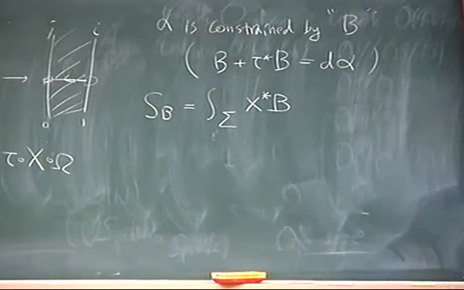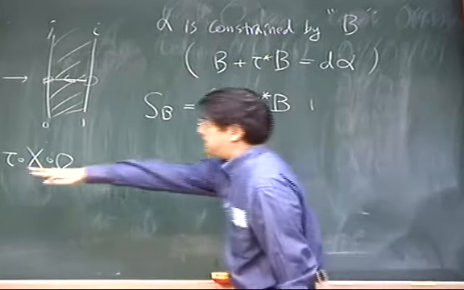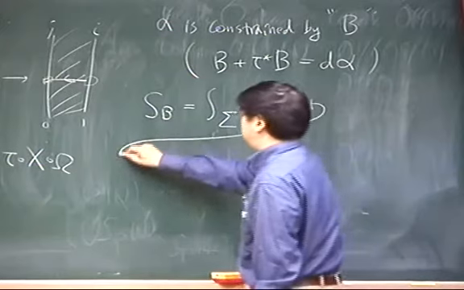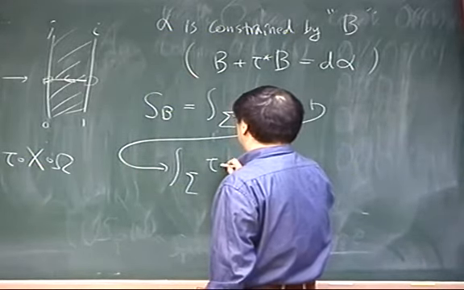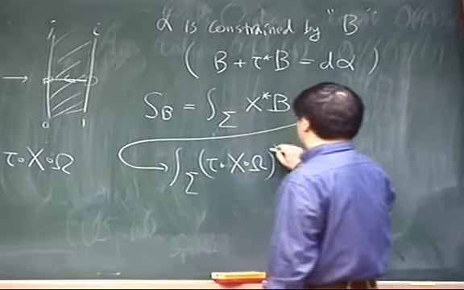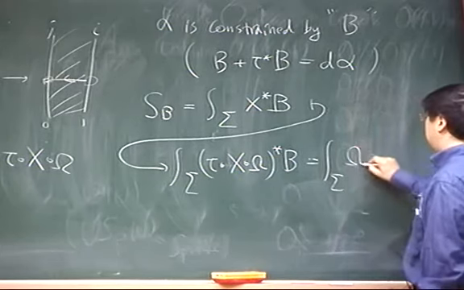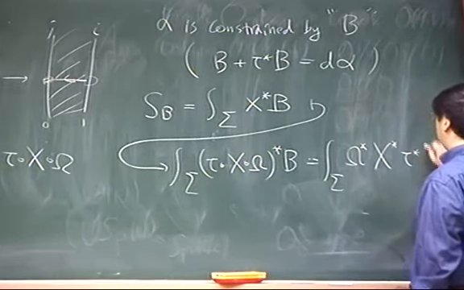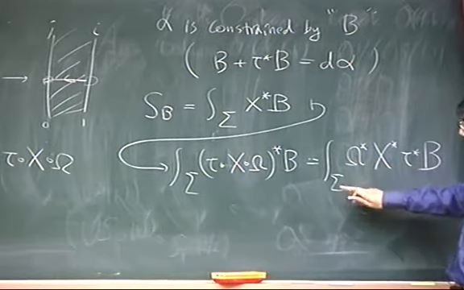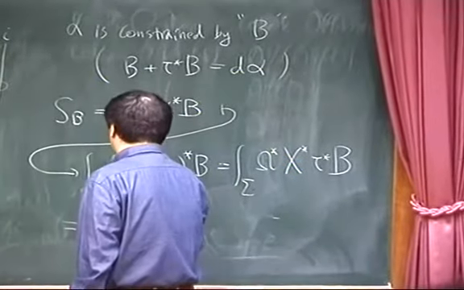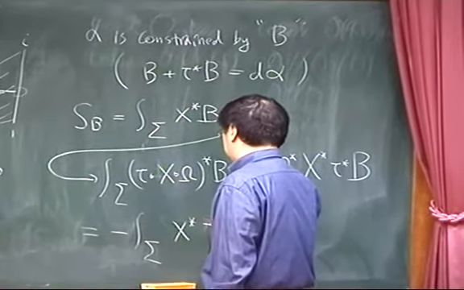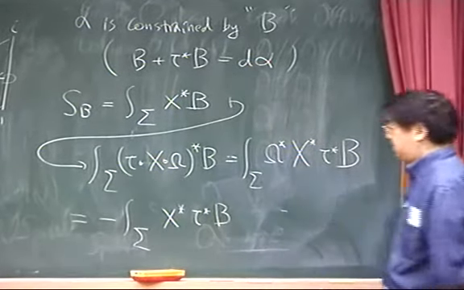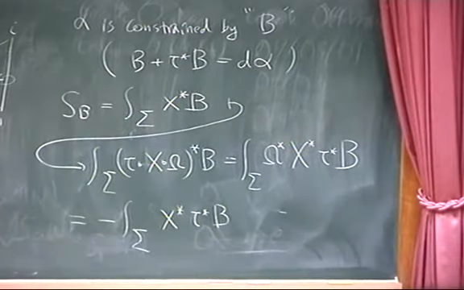And this is mapped, of course, to tau X omega star B, which is of course omega star X star tau star B. And because omega is orientation reversing, it is equal to minus sigma X star tau star B. So the net change is the difference of the transformed one and the one before the transform.